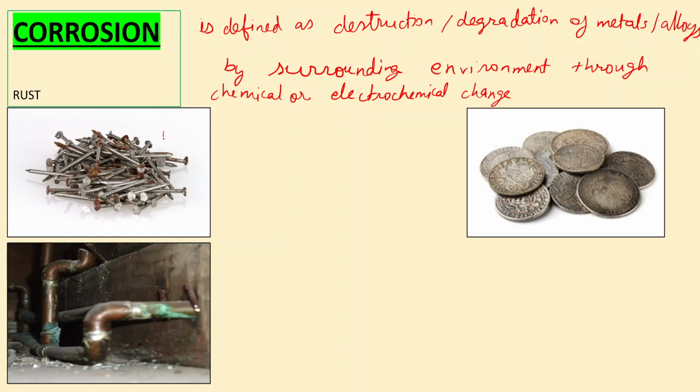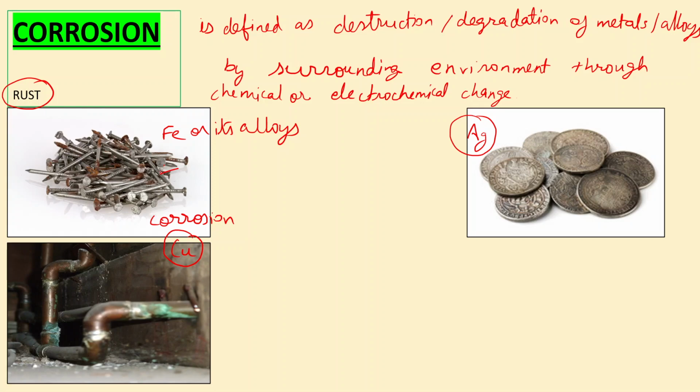So we will analyze this definition. Suppose these are metals. This is iron, this is copper, this is silver. Whenever we talk about corrosion of iron or its alloys, we call its degradation rusting. But when we talk about copper or silver or other metals, we don't use the term rust. We use the term corrosion. It is just degradation of the metal.